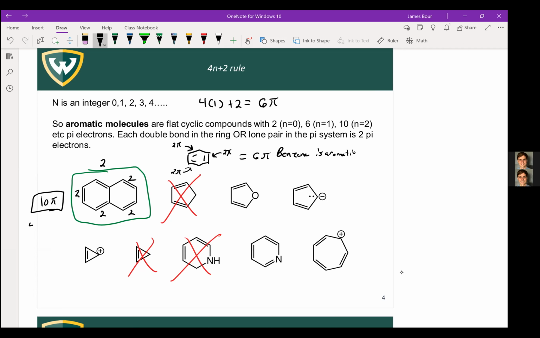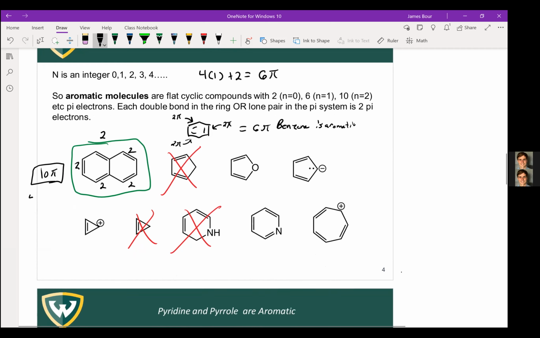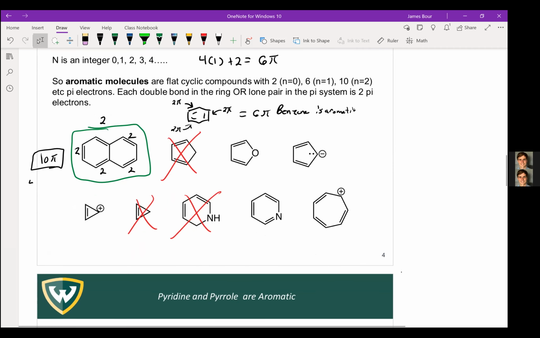Again, the 2 is not related to the structure of naphthalene. It is just a consecutive series of allowed aromatic pi systems. And I'll leave the rest as examples that you can work through. However, to be aromatic, it must fit this 4n plus 2 rule.